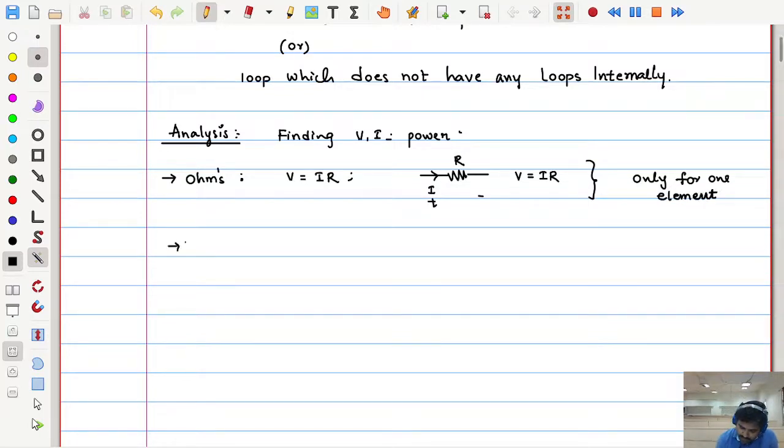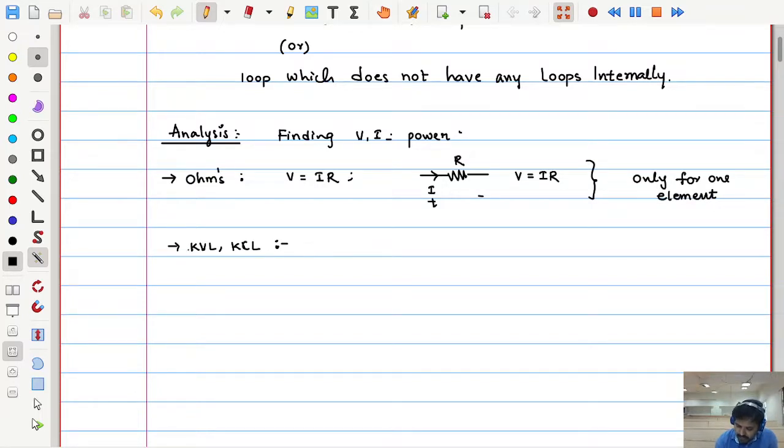Then we saw the basic Kirchhoff's laws, that is Kirchhoff's voltage law and Kirchhoff's current law. Ohm's law is not sufficient because it is applicable only for one element, while we will be dealing with several branches in a circuit.